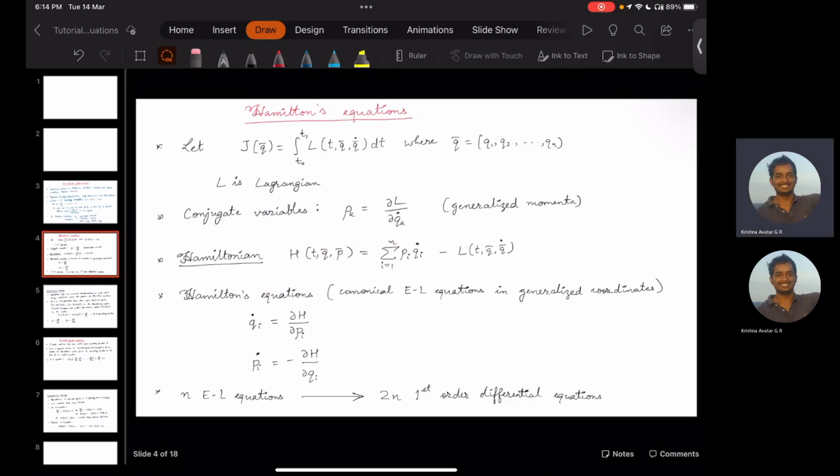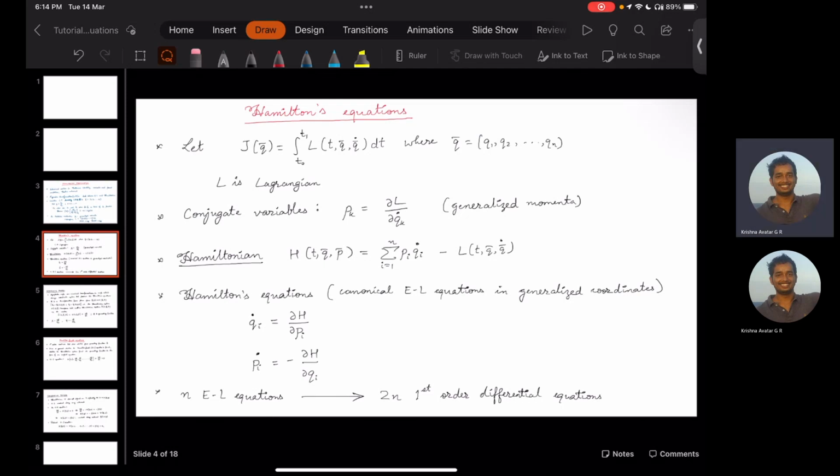Okay, so let's review Hamilton's equations. Given a functional J for the Q vector, this functional is defined as the integral of L from t equals t0 to t equals t1, where the Q vector is Q1, Q2 to Qn. And you are very familiar now that L is the Lagrangian.